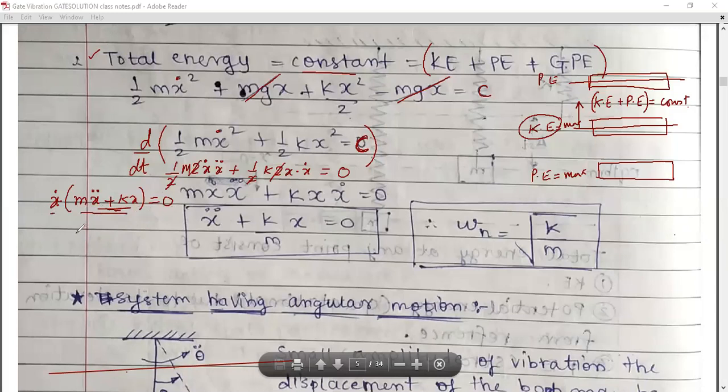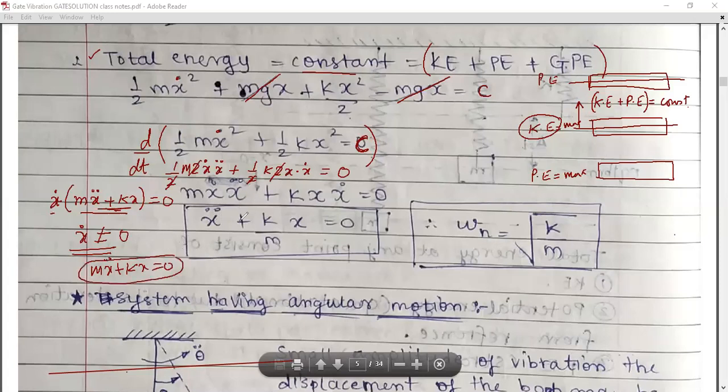It means what? Your x dot cannot be equal to 0. Always remember, this shows the body is in motion, so it is not possible that the velocity is 0. So you can say that the equation mx double dot plus kx should be 0, right?